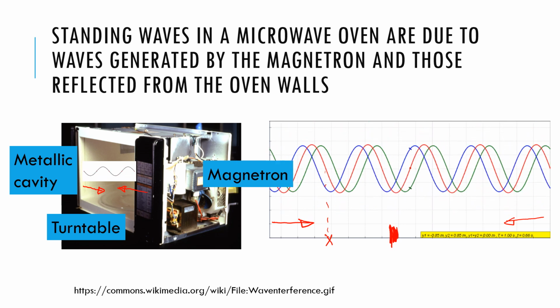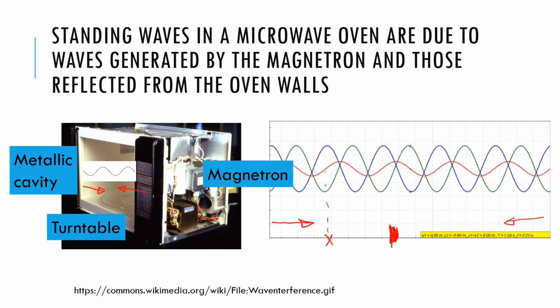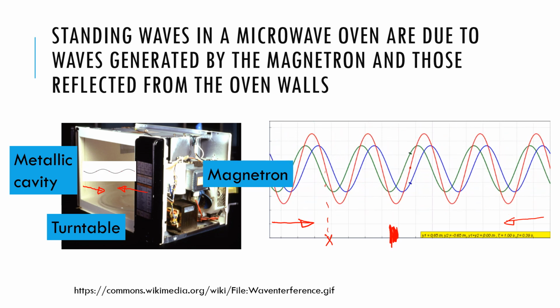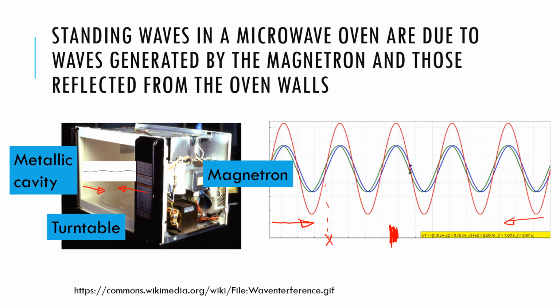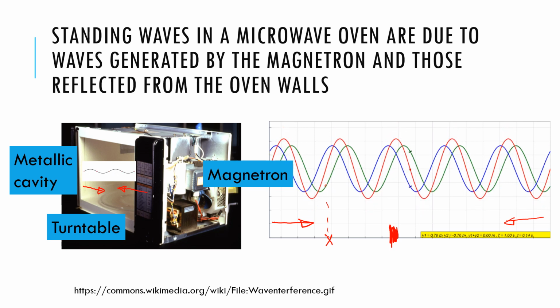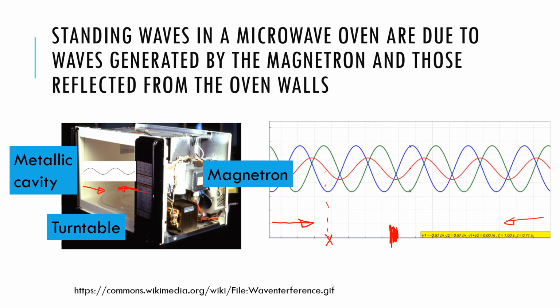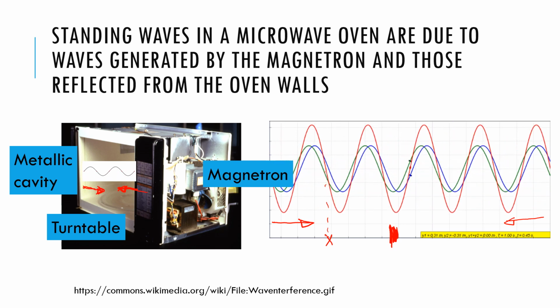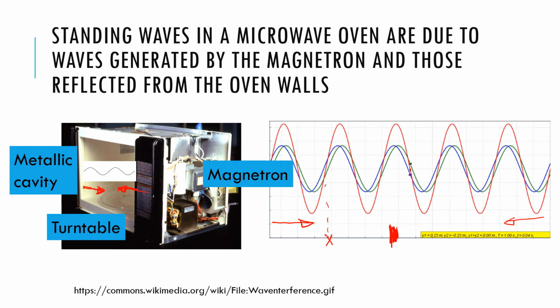And so this is the fundamental issue with heating with microwaves in a cavity. Now we come back to the cavity. The cavity has the oncoming waves from the magnetron and then reflected waves. Together they form standing waves, just like it's described on the right.